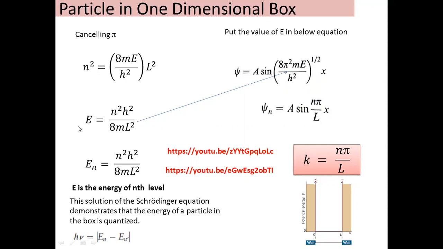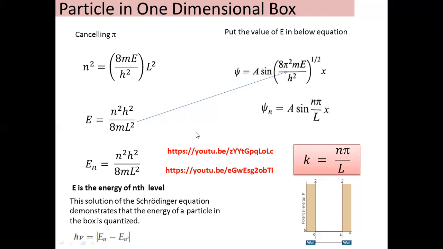So this energy is the energy of the nth level, that is, any energy level when the electron moves from energy level 1 to energy level 2. So these are the two ways to find the quantization of the kinetic energy, or the energy of the nth level, when the electron jumps from energy level 2 to energy level 3 and so on. So you can find the difference in the energy levels.